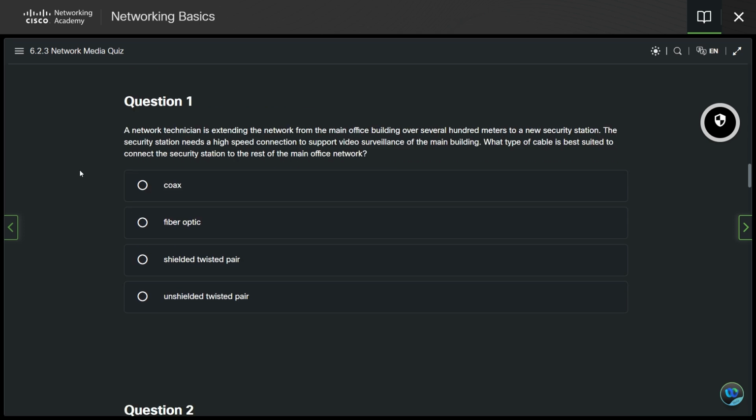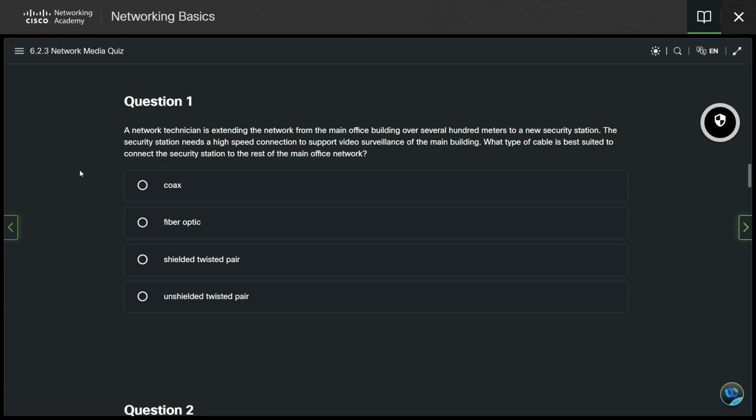Network Media Quiz. Question 1. A network technician is extending the network from the main office building over several hundred meters to a new security station. The security station needs a high-speed connection to support video of the main building.